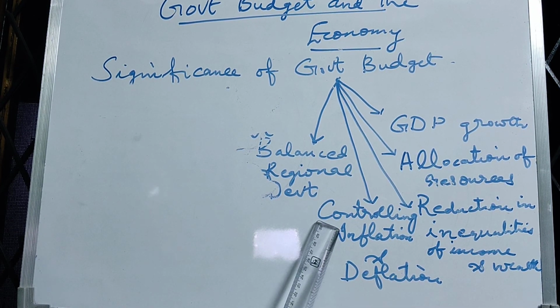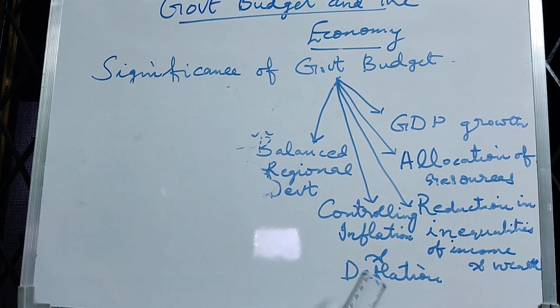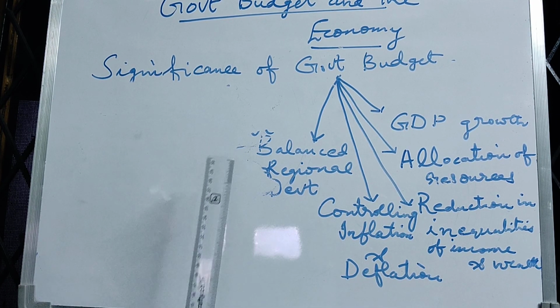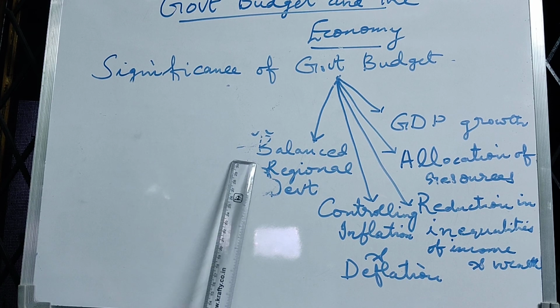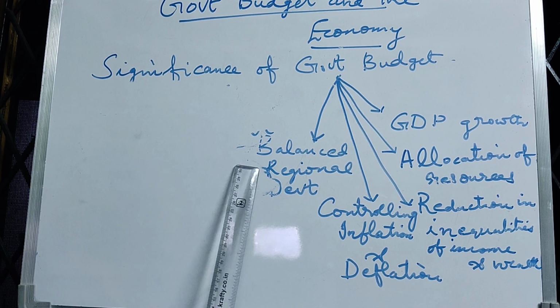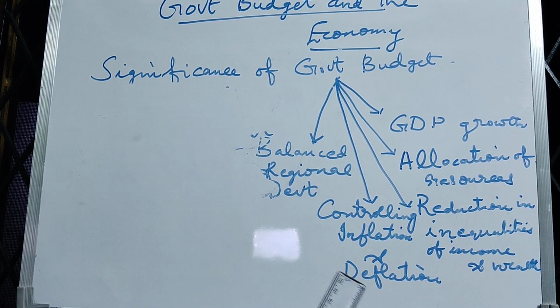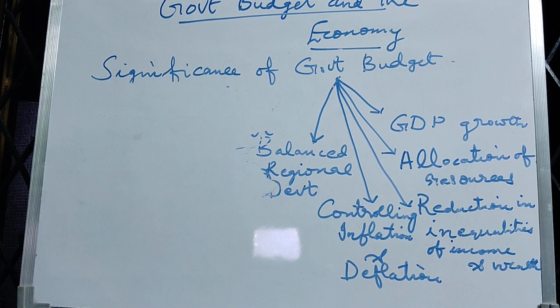Fourthly, the government budget also acts as a tool to control inflation and deflation, through the taxation and expenditure policies of the government. And the last one, the budget also helps in the balanced regional development of all the regions of the economy in an equal manner.